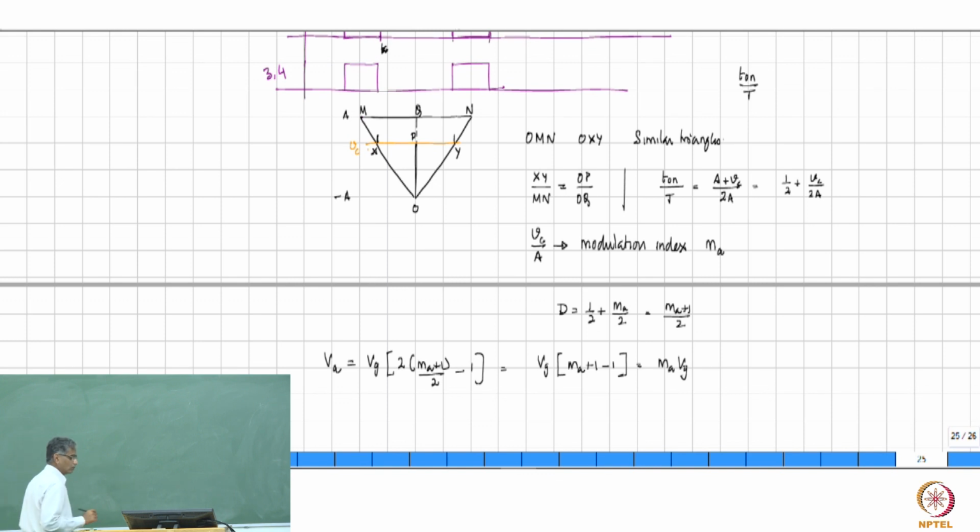So one can therefore see that the output voltage is a linear variation of this.